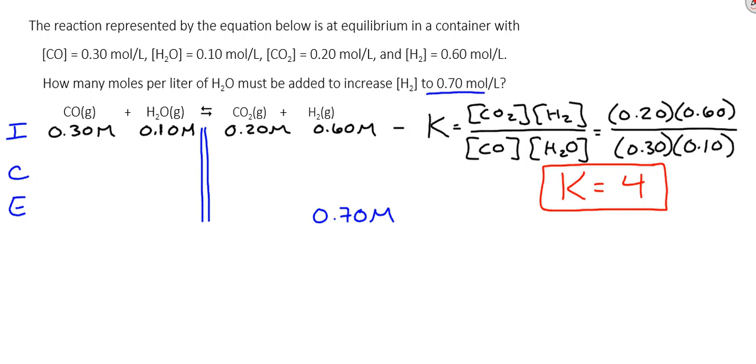So what I could do, I'm going to do it in red right here, very small, is that clearly I'm adding because it's going up. So it's going to be going this way. So this is plus X and minus X and minus X. But if you look at that, this gives me a clear indication of what X would be, right? So this would be 0.1.